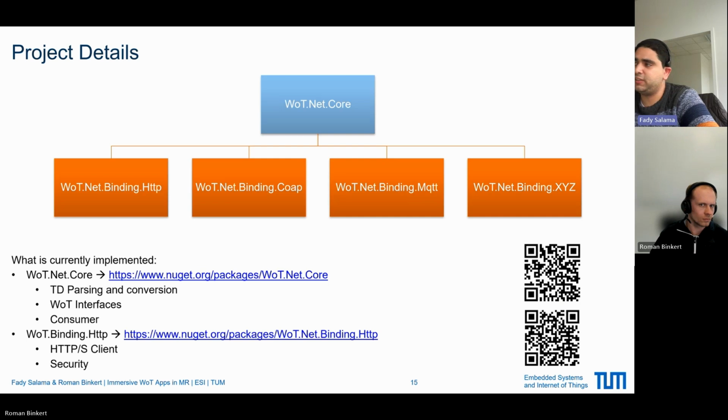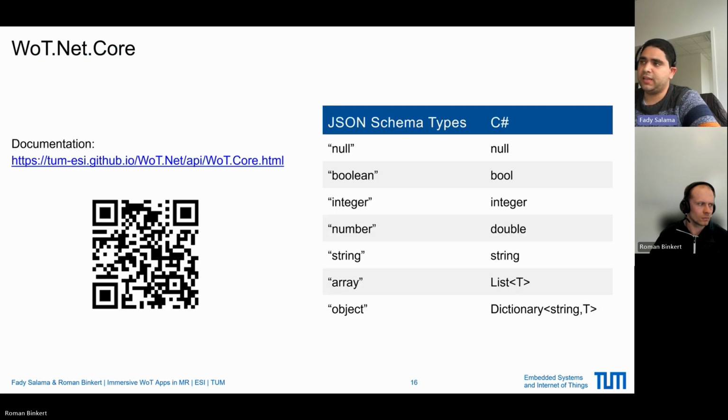Now the WoT.NET binding HTTP is already implemented, but in the future you can have WoT.NET binding CoAP or MQTT or XYZ, whatever you want. You just need to implement the interfaces that are described in WoT.NET Core, and that is very similar to what is already defined in node-wot. So we're not reinventing the wheel, but rather making sure that we have a C# port of the scripting API.